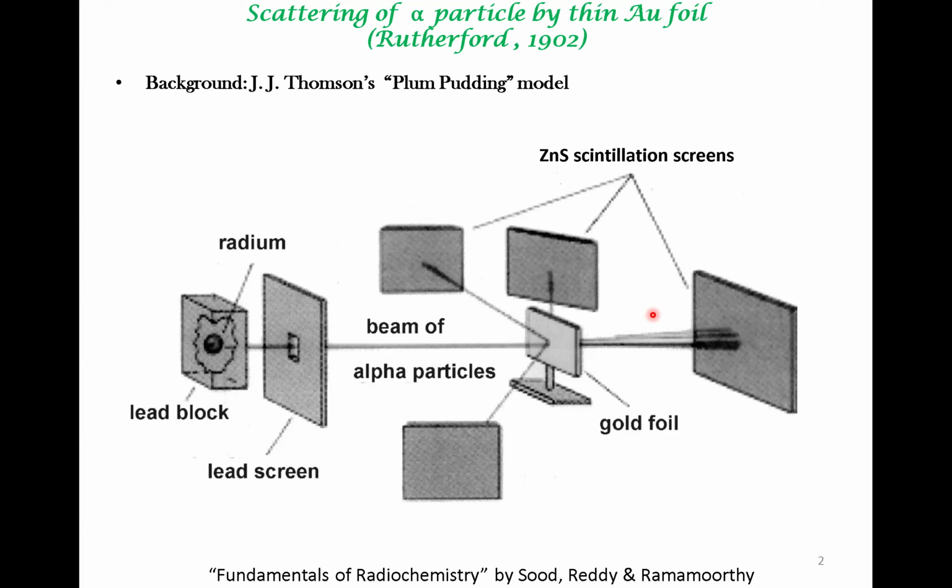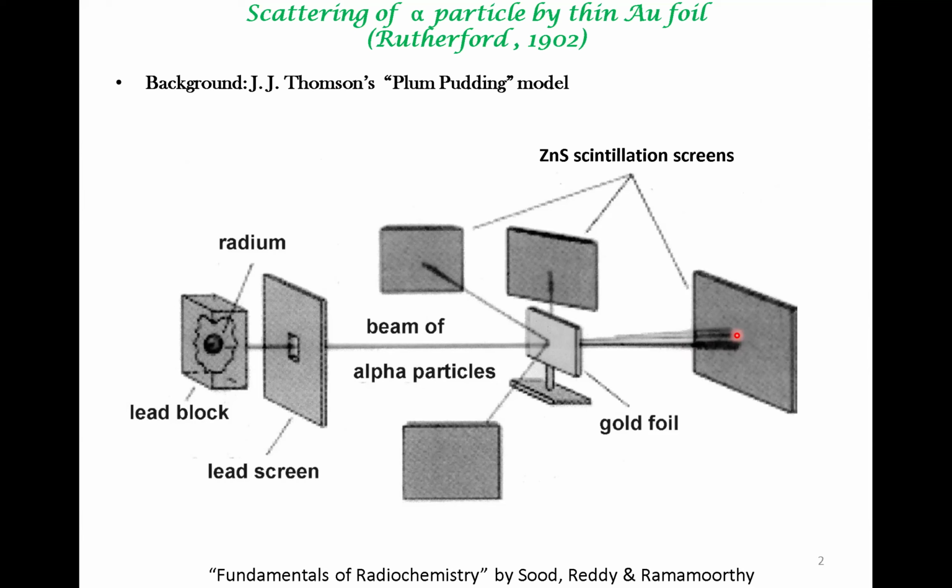When Rutherford did this experiment, most of the alpha particles went through the gold foil, which was not surprising, in the sense that if most of the matter is net neutral based on this kind of model, you would think most of the alpha particles, which are positive in nature, will get through the gold foil.